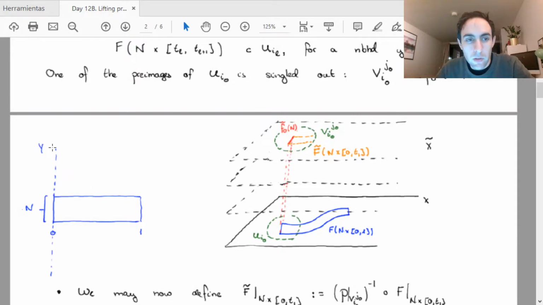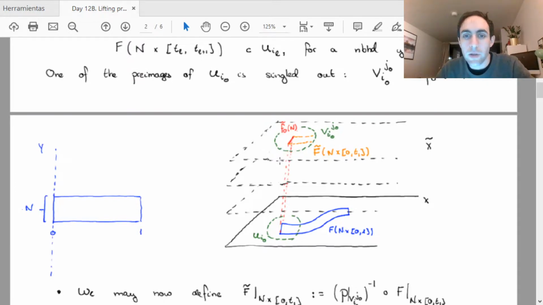We already know how to lift y, by using the map f0 tilde. In particular, we know how to lift f0 tilde of N. And it's somewhere, it's here. And in this open, that is the only open containing f0 tilde of N, which I denote V_i0j0.